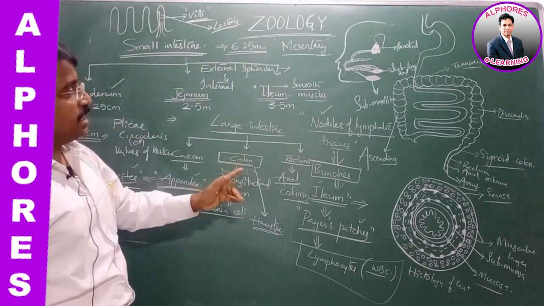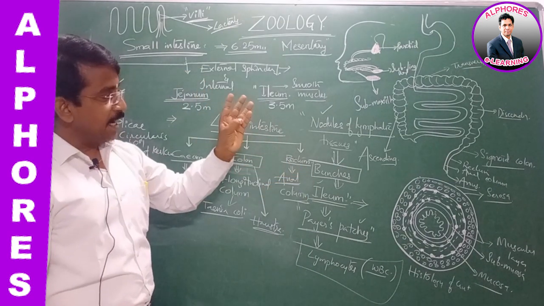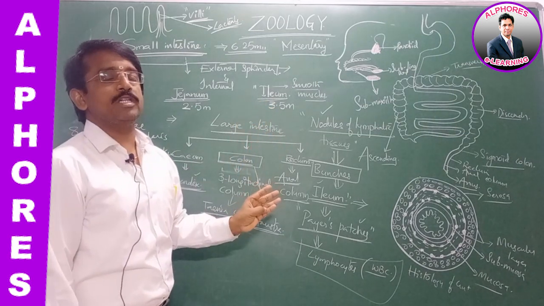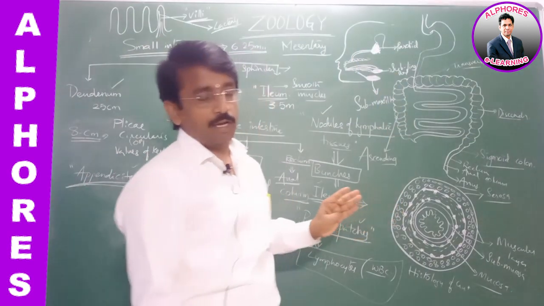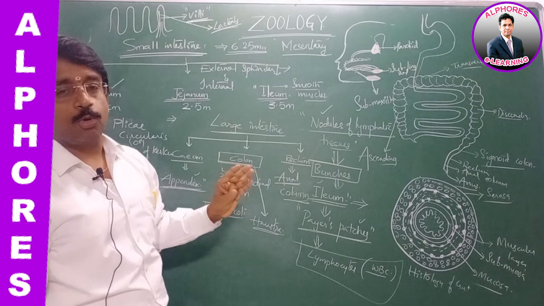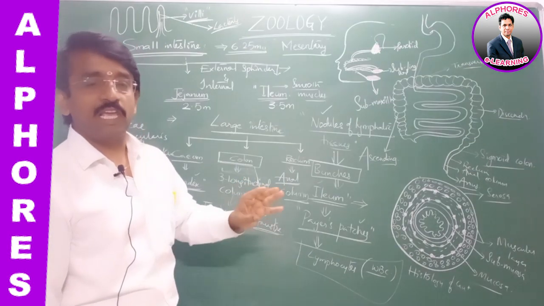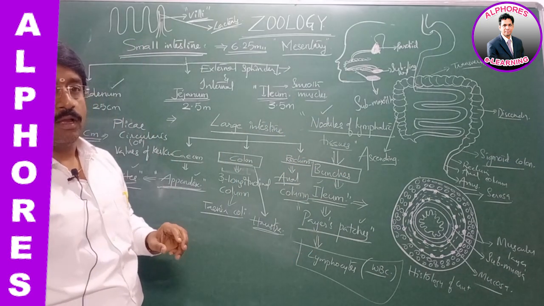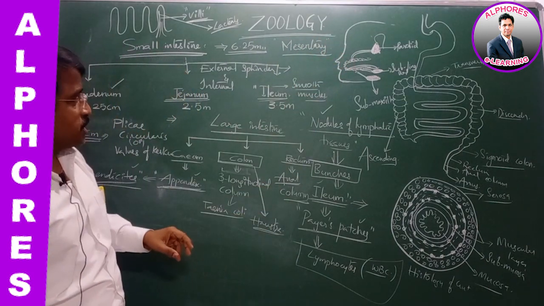So in the intestine, besides the complete digestion and the absorption of the food into the blood and lymph, there is the secretion of the hormones enterogastrone, cholecystokinin, enterocrinin, villikinin and duocrinin. These are the functions of the small intestine.